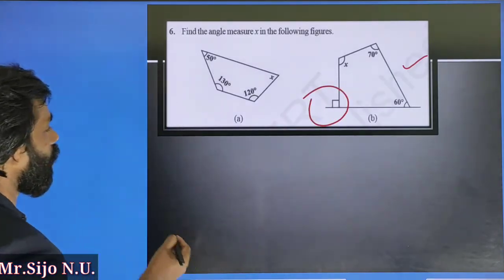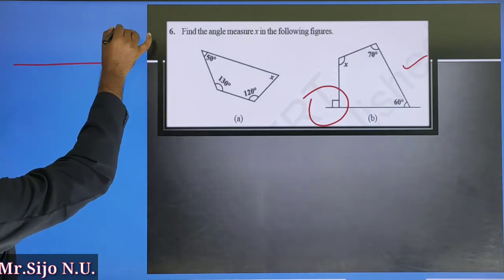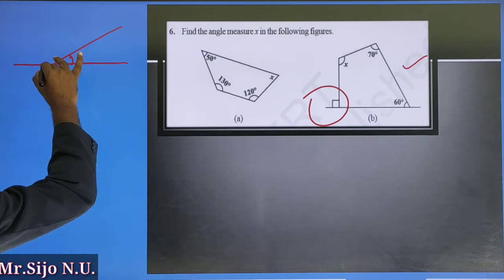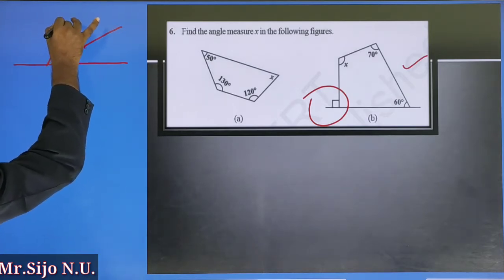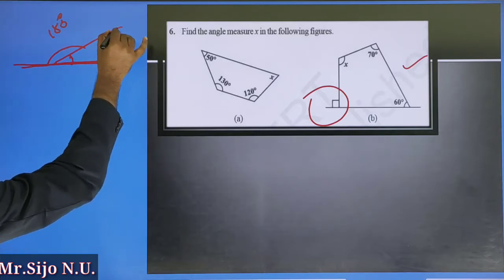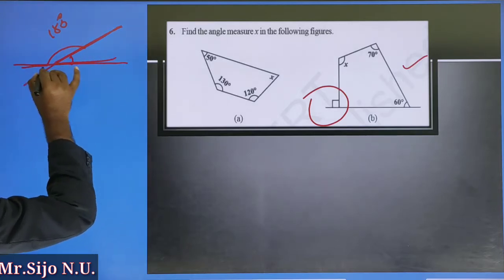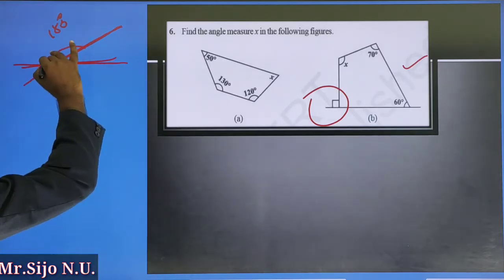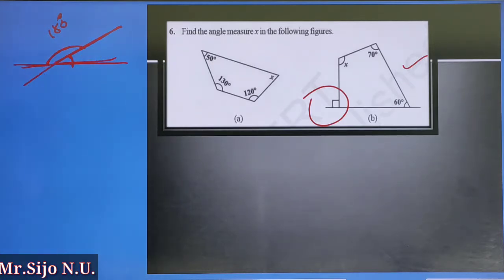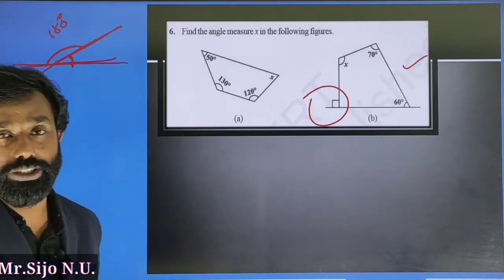What is a linear pair? When we draw a straight line and another line crosses it, this angle plus this angle should be 180 degrees. That is a linear pair, because when a line crosses a straight line, a linear pair is formed. That means this angle plus this angle equals 180 degrees. We can use that concept here, right?